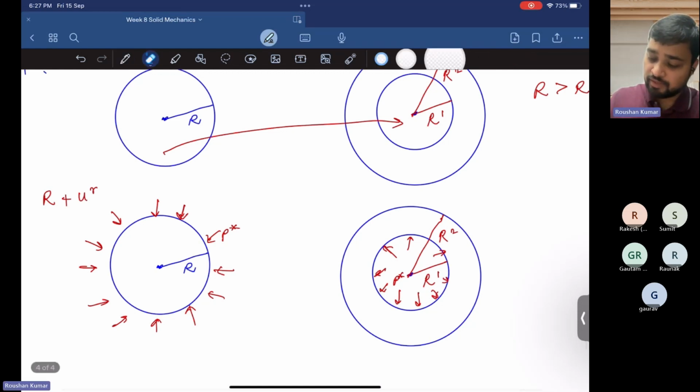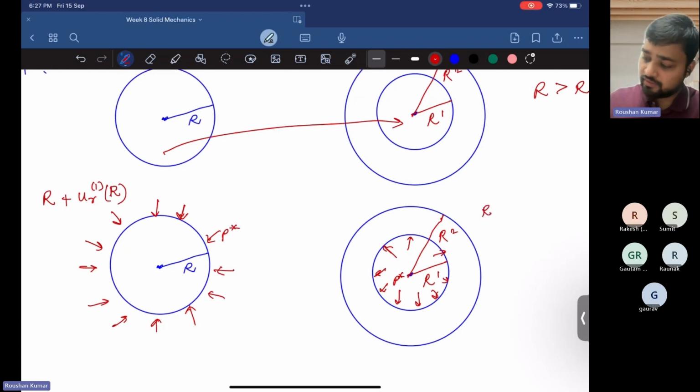So we can write U at R, that means radial displacement at R. This is a hollow disk, so the inner radius is initially R1, and due to the pressure exerted inside the hollow disk, there is some radial displacement, given by U2 of R1.